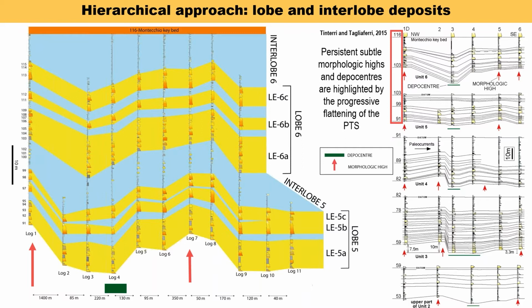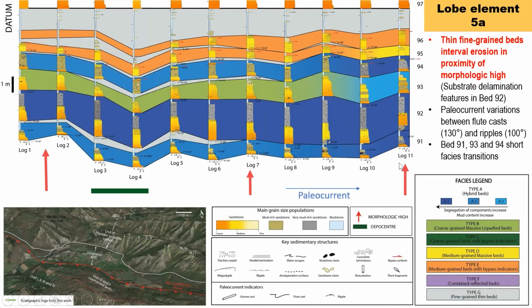Now I will show you some close-ups of the lobe elements. This is lobe element 5A, and here the different facies are marked with color, giving an insight into how a single depositional event changes down current, that is, towards the right.